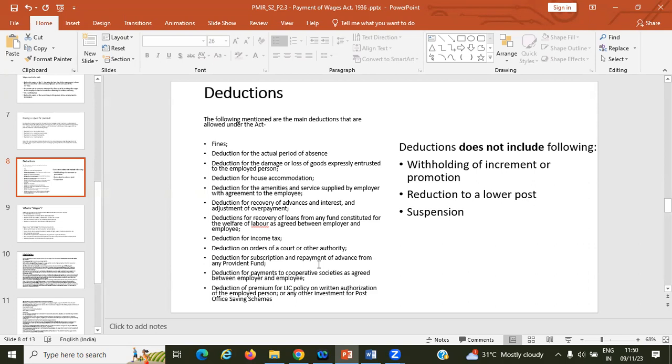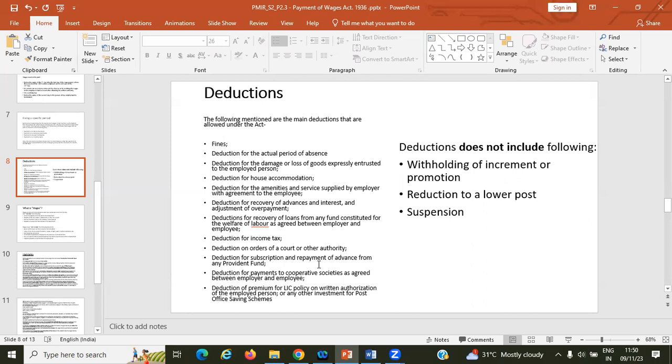That increment you are not getting, or that promotion did not happen, or maybe happens after 6 months or 1 or 2 months. So your salary is reduced, or what is extracted out of that promotion, you cannot deduct from your salary.